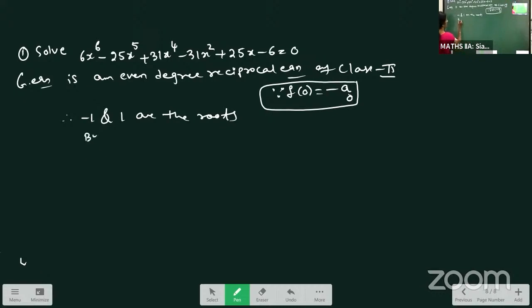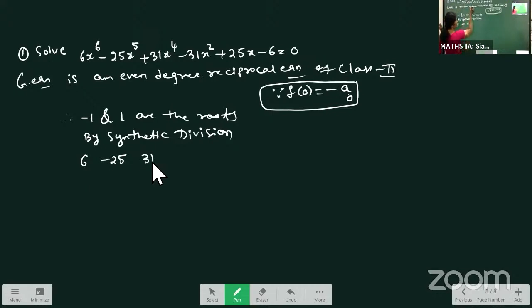By synthetic division, take the coefficients in order. Every time I am mentioning, take the coefficients in order. Here see, first is x power 6, coefficient 6. X power 5 coefficient minus 25. X to the power 4 coefficient plus 31.